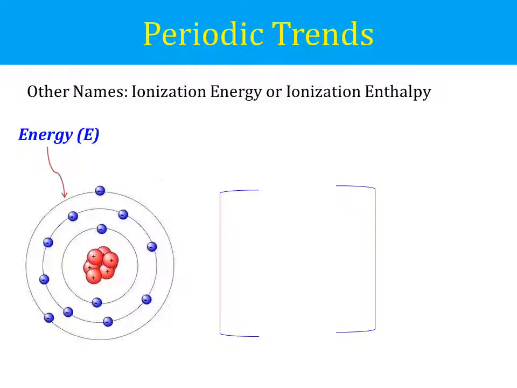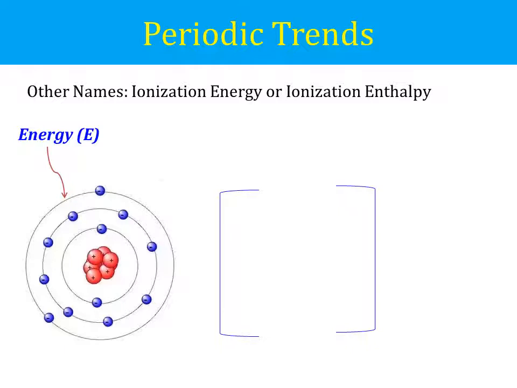But it is quite easy to remove an electron from the valence shell, that means the outermost shell, because the electrons are exposed outside. The interaction between energy and electrons will be faced by the outer electrons first.